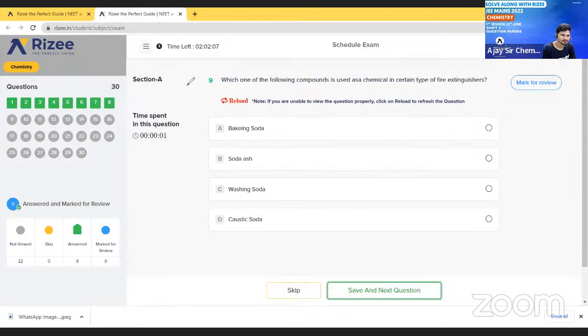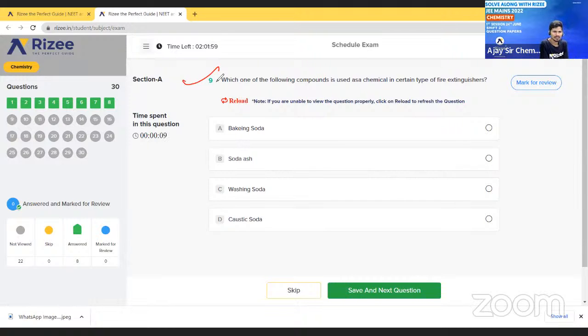Seventh question. Which one of the following compounds is used as a chemical in certain types of fire extinguishers? So as a fire extinguisher, which chemical will we use?